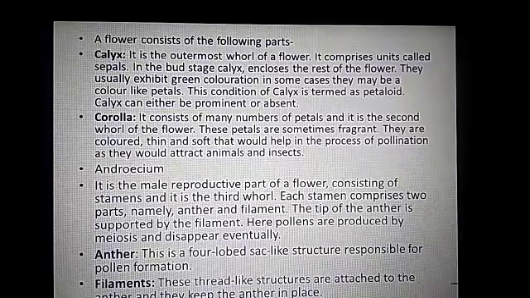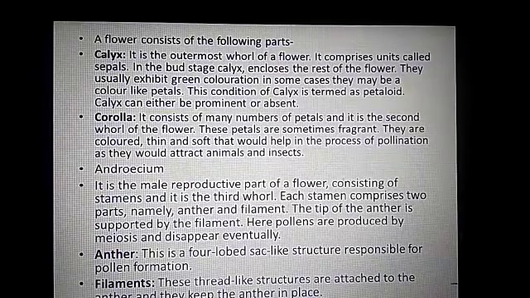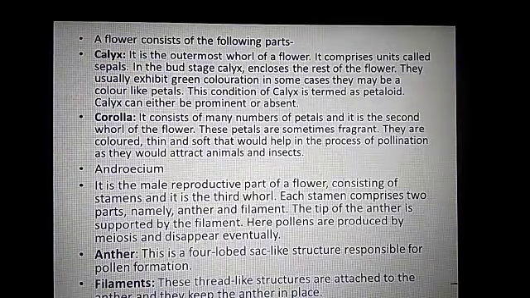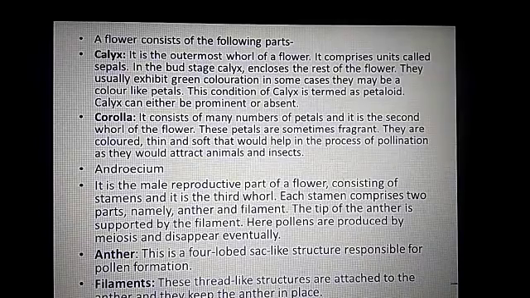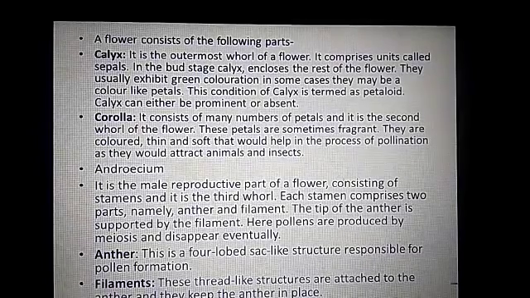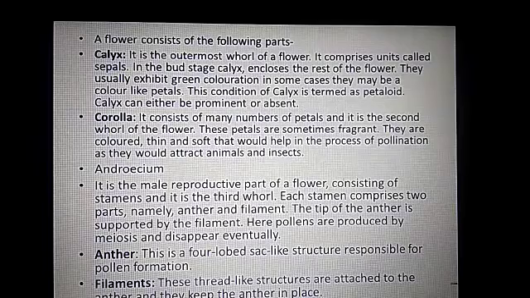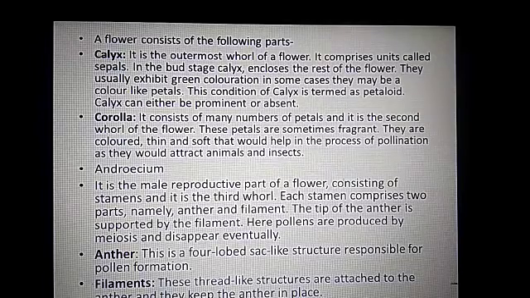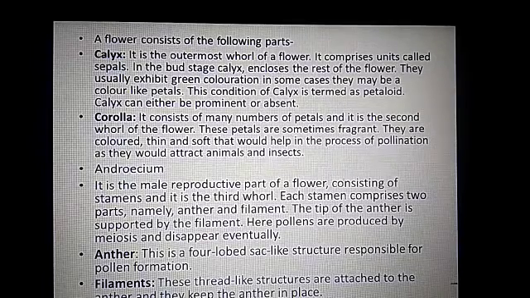They attract animals and insects. They are usually white or colored but never green. The petals make the flower attractive. Petals are large, fragrant and brightly colored parts of the flower.